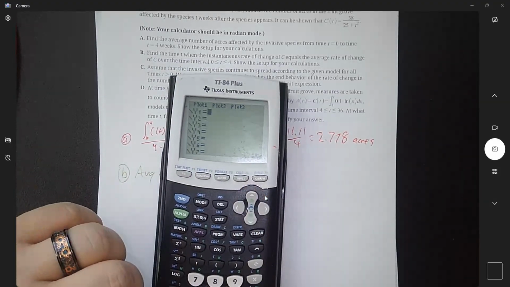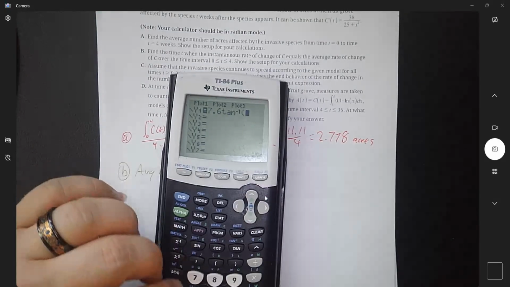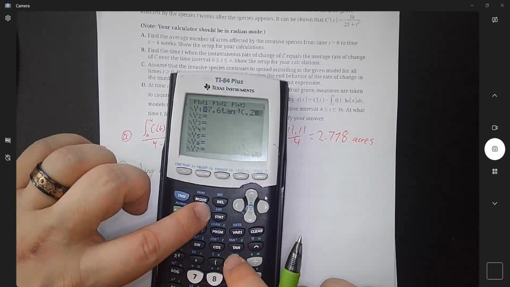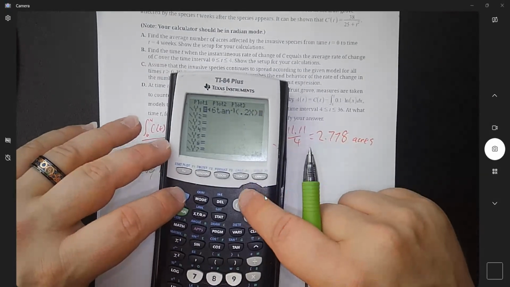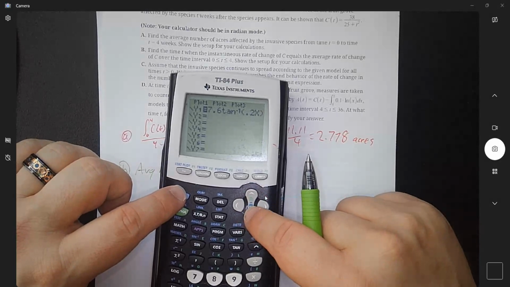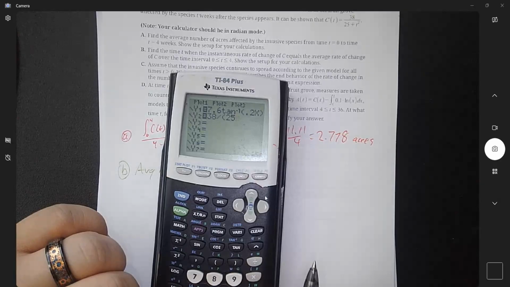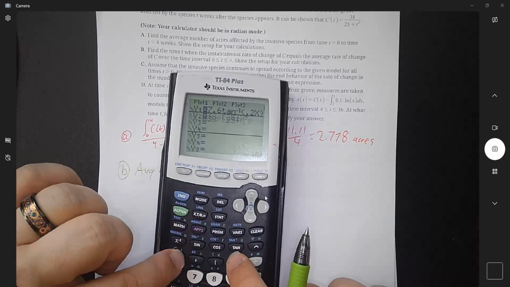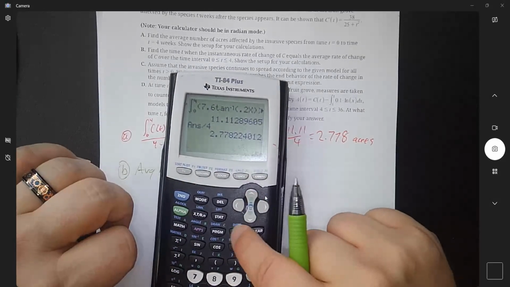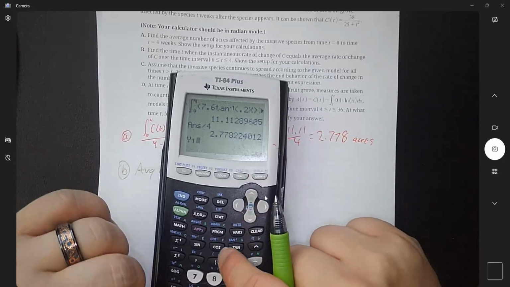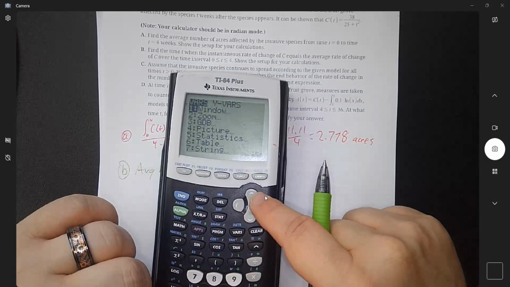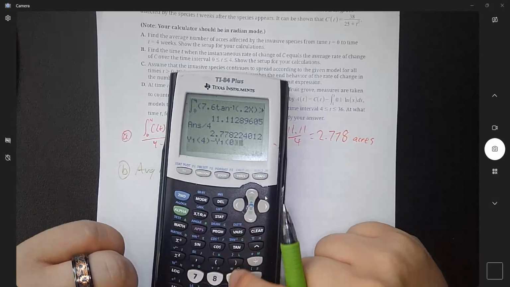It's going to be 7.6 inverse tangent of 0.2t. Well, let's enter in the derivative just for the heck of it. I might use that plus t squared. So I'm going to do y1 at 4 minus y1 at 0.